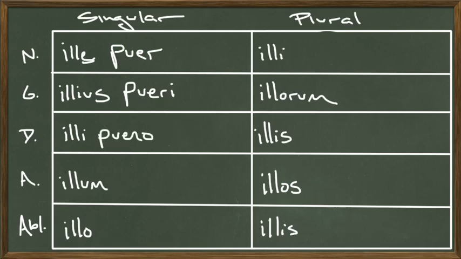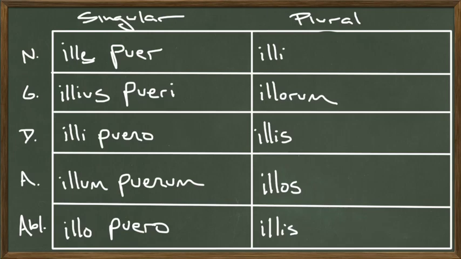Illi puero, to that boy. If we called that boy or we saw that boy, illum puerum, I saw that boy, I heard that boy, I called that boy, whatever, as long as the boy is receiving the action there. In the ablative case, if we're walking with that boy, illo puero. Illo puero. They're both in the ablative case. So the point is, as the demonstrative pronoun changes, so does the noun.